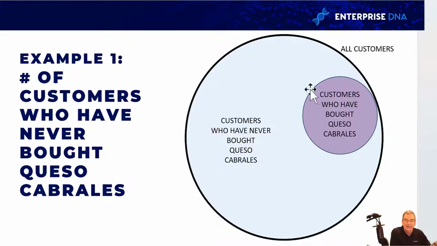And then the remaining area of that circle is customers who never bought. So if we calculate the number of customers in the big circle and then subtract out the number of customers here, we'll get the number who've never bought that product. That's exactly what the no CALCULATE approach does.